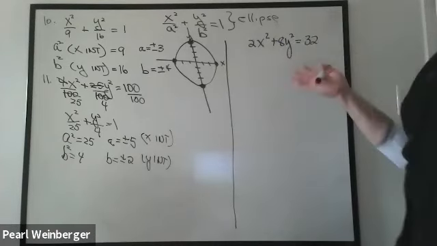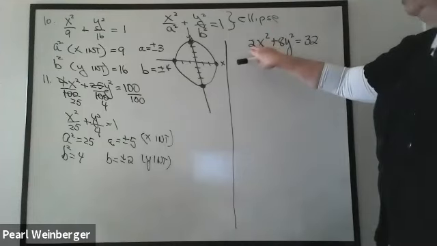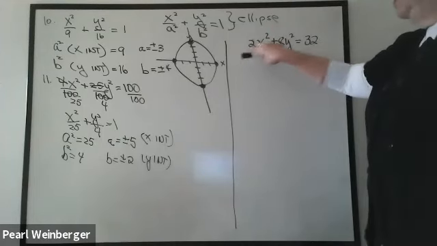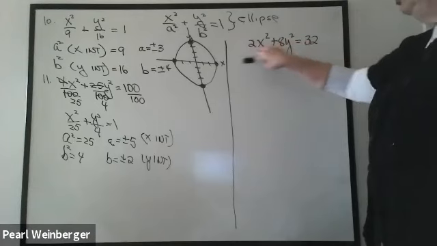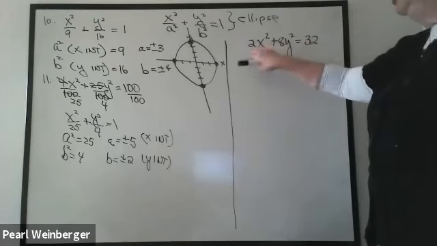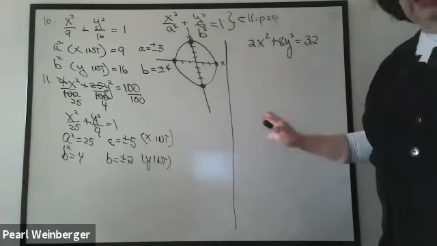And again, I recognize this as an ellipse because I have an x squared and a y squared term, but they have different coefficients, even though both coefficients are positive.